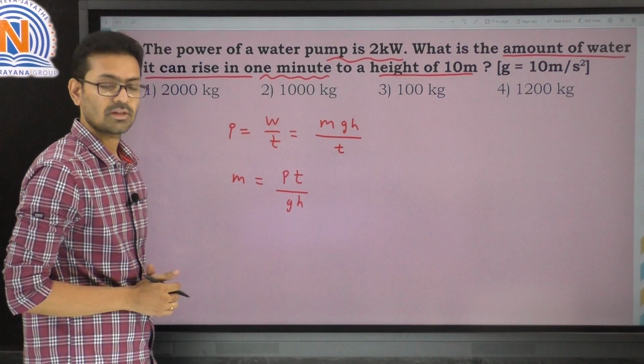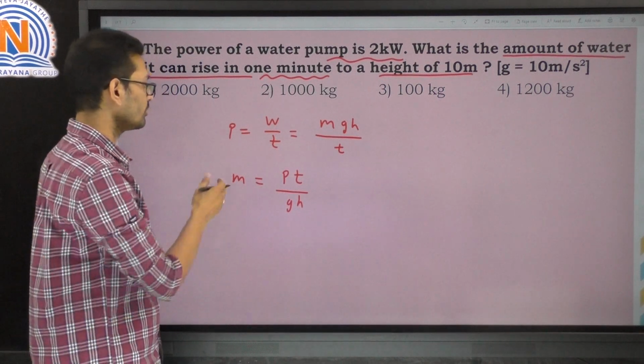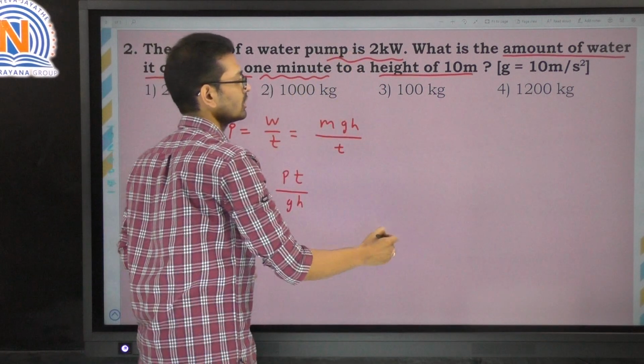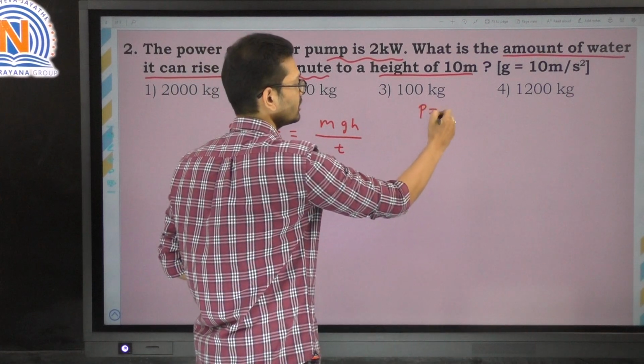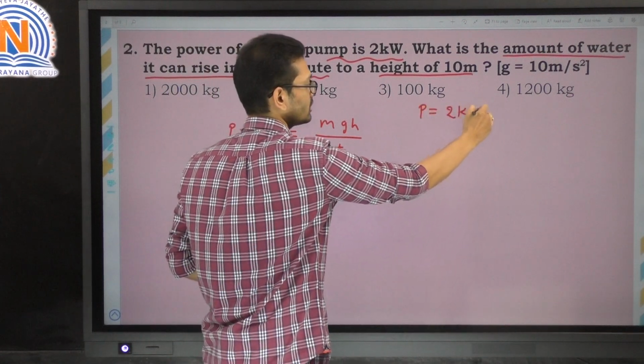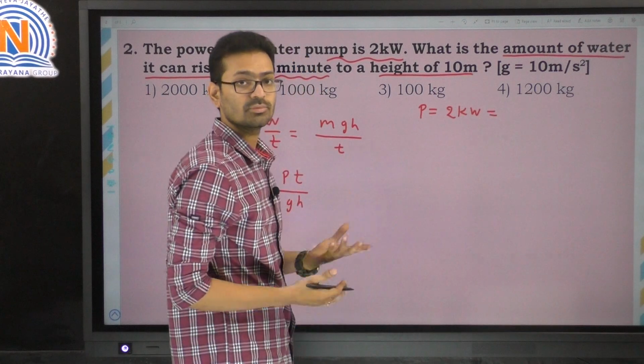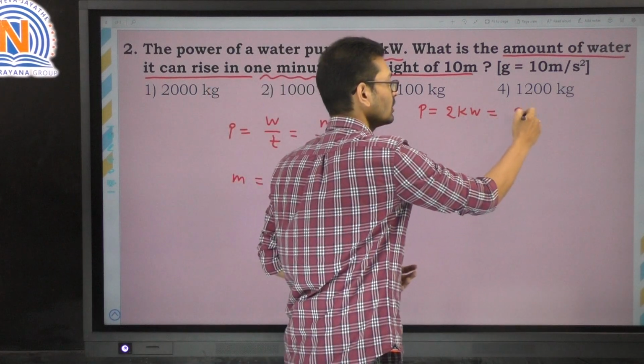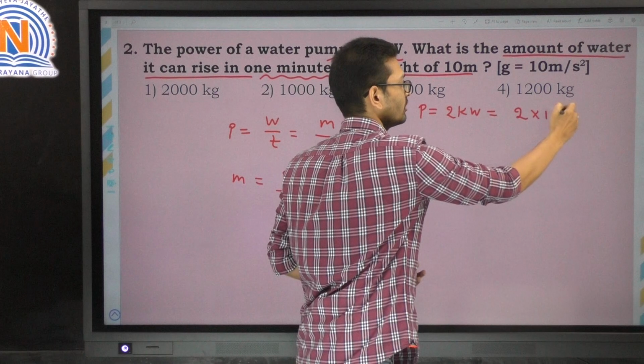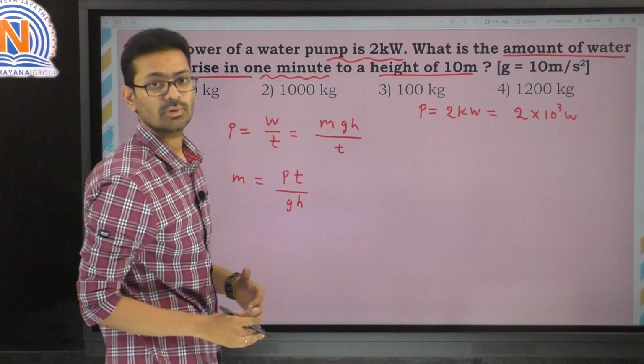P is given as 2 kilowatts, which in terms of watts is 2 into 10 power 3 watts, because kilo is 10 power 3.